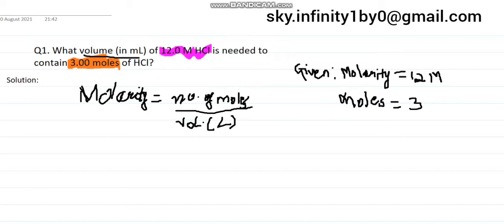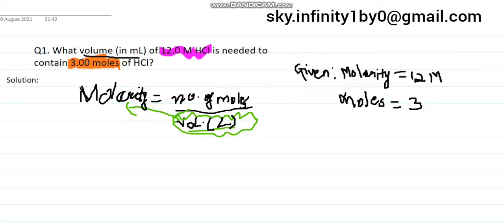Now if we carefully look at the problem, the volume which we need to find is in the denominator. So we need to apply a little bit of mathematics to solve this problem. For that, basic mathematics must be known. If we take this denominator from the right hand side and move it to the left hand side, then it gets multiplied to the numerator. But we only want the volume. We don't want the molarity.